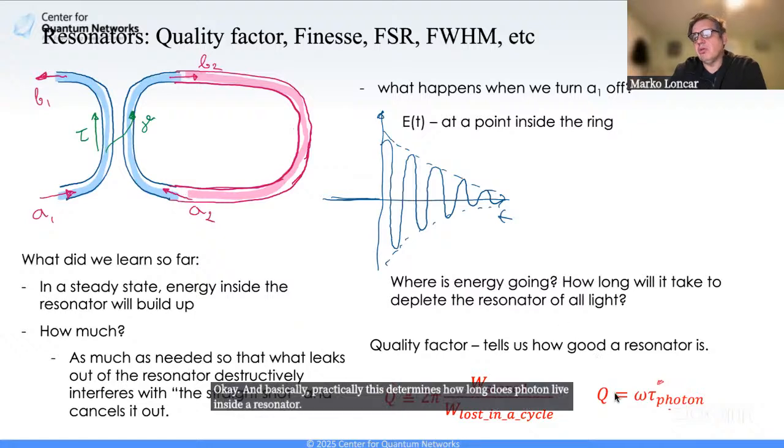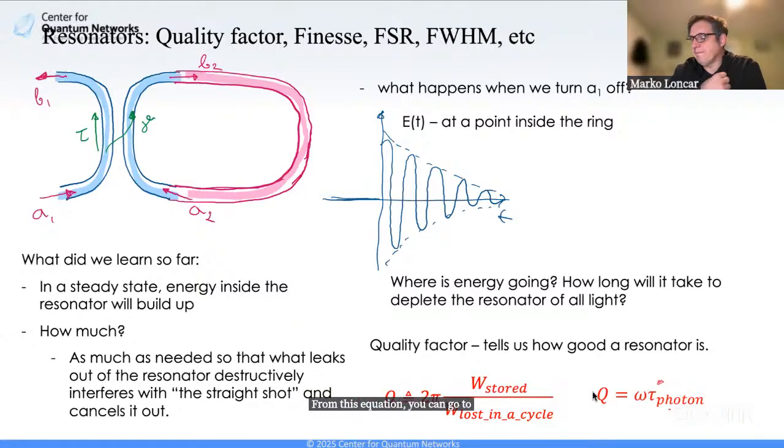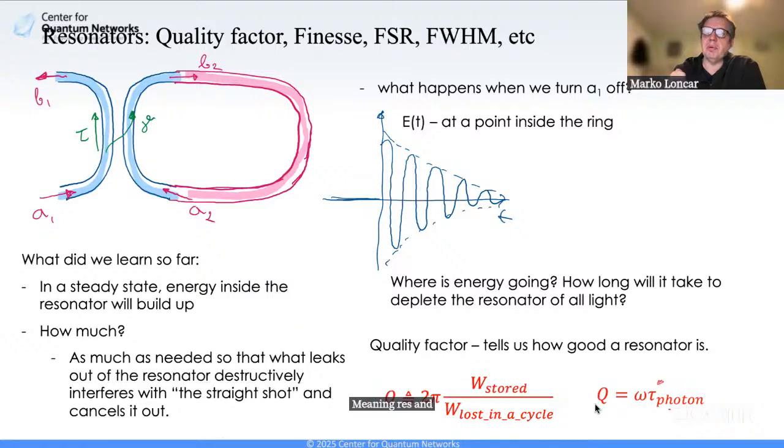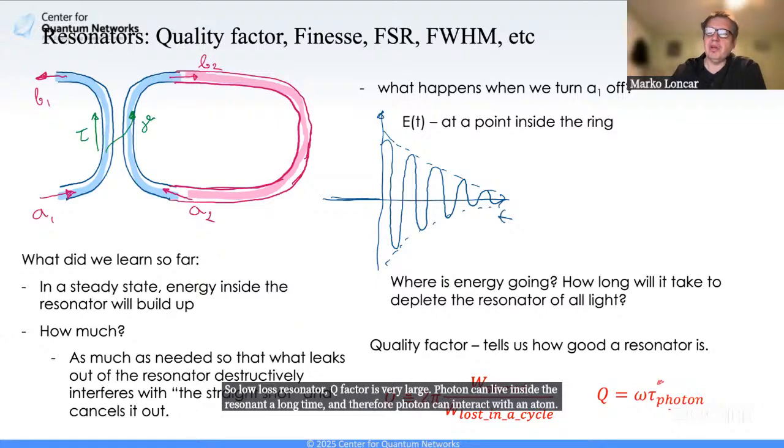From this equation, you can go to this equation using a Fourier transform, which is probably half a page of math. High Q factor means photon lifetime is very long, and high Q factor is proportional to low loss. So in a low-loss resonator, the Q factor is very large, the photon can live inside the resonator a long time, and therefore the photon can interact with an atom very effectively.